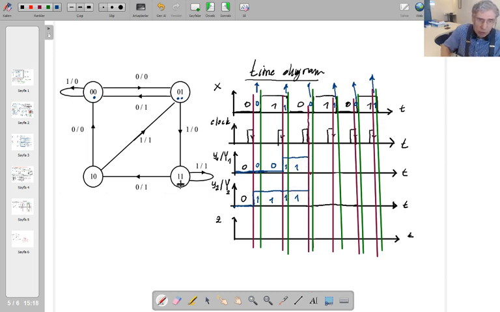So I came to this state now. On this state, I have got input 0. So my next state is 1, 0. So y1 is going to be 1, that means continue as 1.